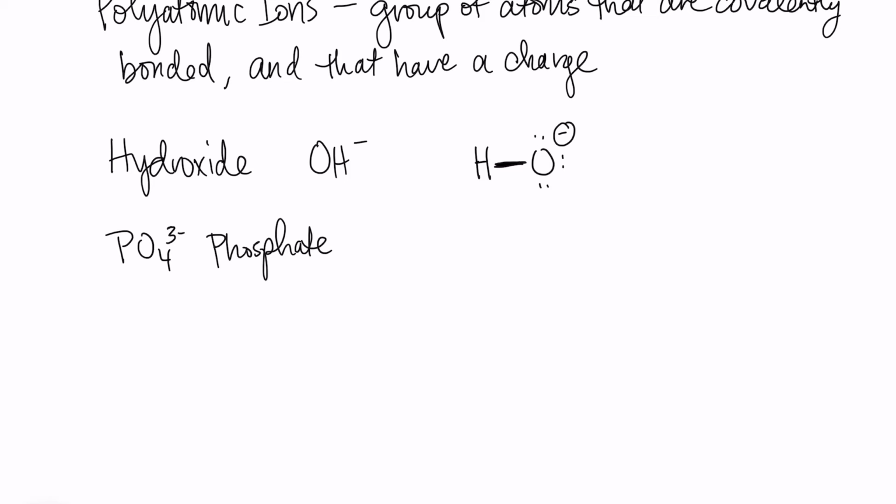So one rule that we have with names is that things that end in "ate" are going to have one more oxygen than things that end in "ite." So if we have phosphite, which is also a polyatomic ion, that one's going to be PO3 3-. Notice it has one fewer oxygen atoms than phosphate. So ate and ite are related that way.